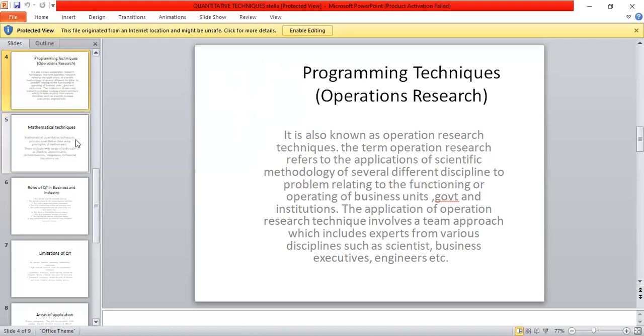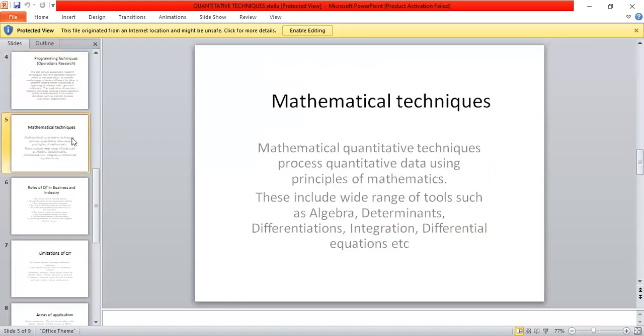Let's look at the mathematical technique. Daisy, take us through mathematical techniques. Okay, mathematical quantitative techniques process quantitative data using principles of mathematics.